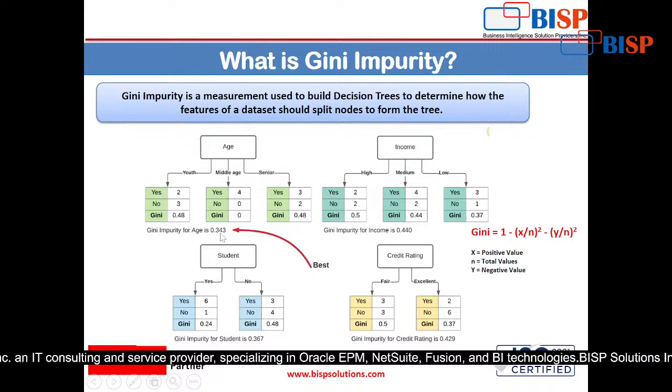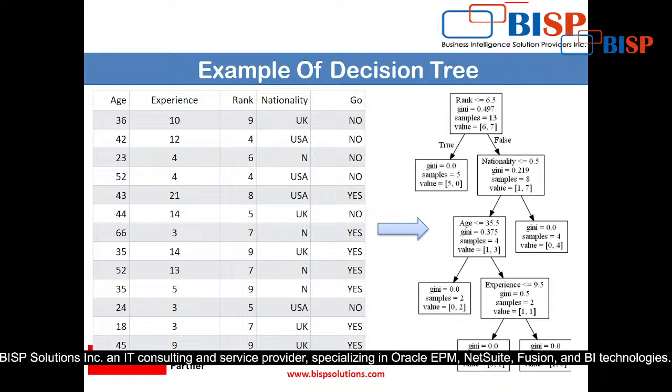The impurity is less, look at this, 0.343 is less, and here 0.440 is high, so you will go here, right? This is the best. Then students, same thing here. If you see the Gini impurity, this is 0.24 and this is 0.48, right? And the impurity is this. So based on this, it calculates the data and it creates the nodes and leaves, all these things, right?